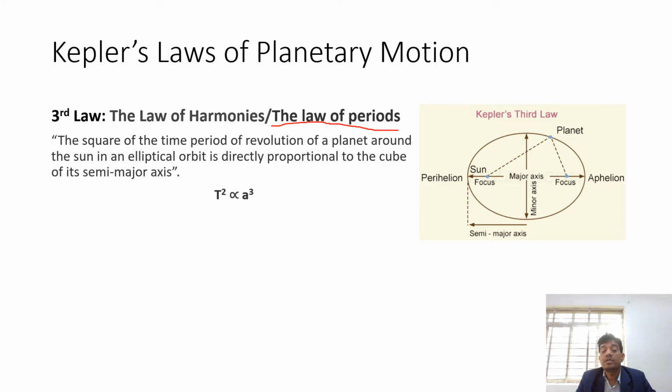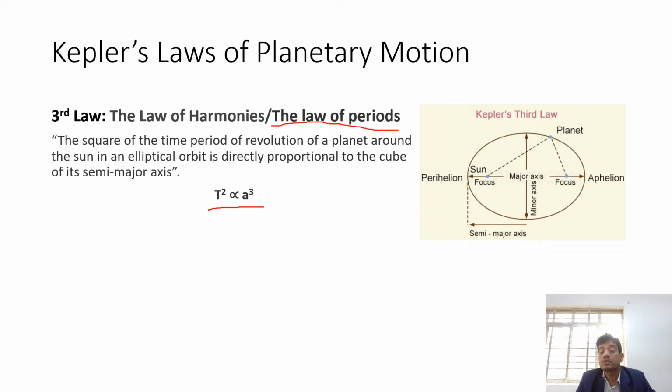The square of this time period is directly proportional to the cube of its semi-major axis. I have seen this is the semi-major axis, right, from the sun with this focus. You know this is an elliptical orbit, so this is the aphelion, this is the perihelion.